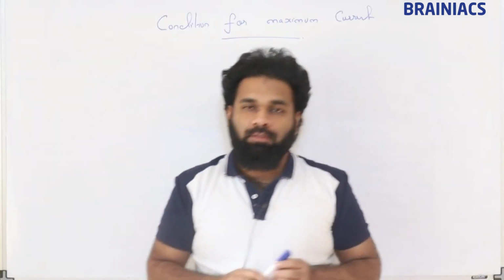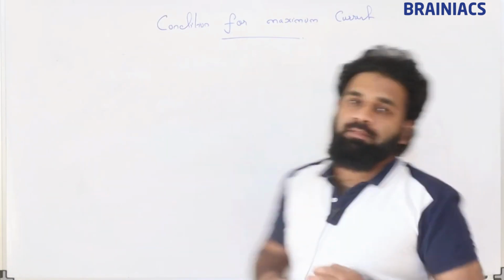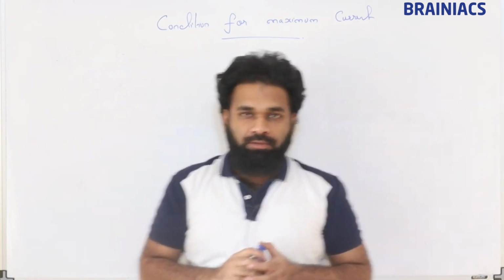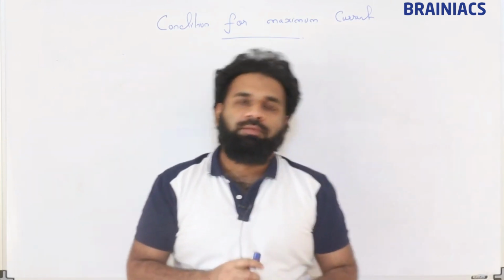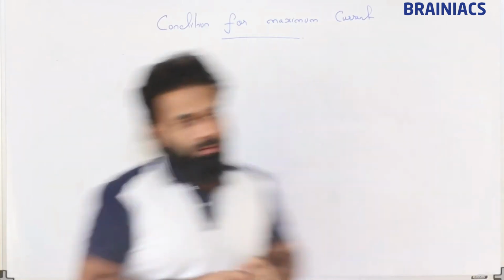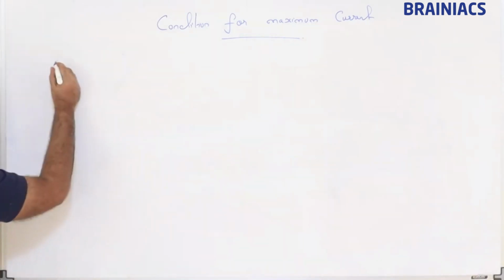Next topic is condition for maximum current. In order to get maximum current, what is the condition? Most of the questions from mixed grouping are based on this condition. So first we will write the equation for current.